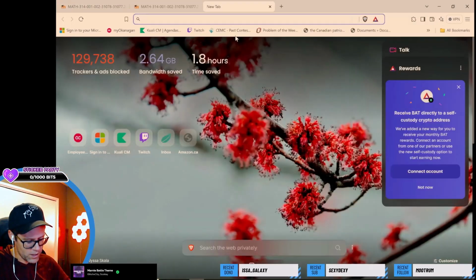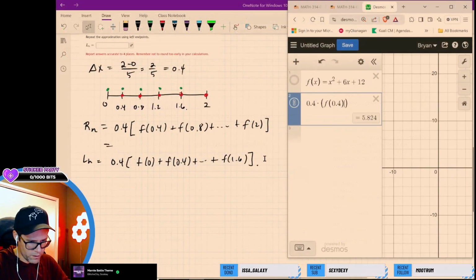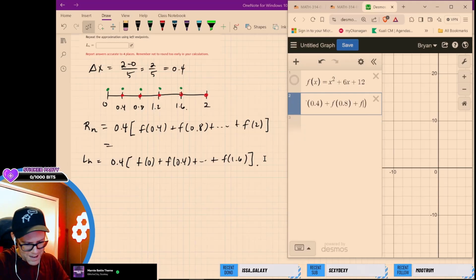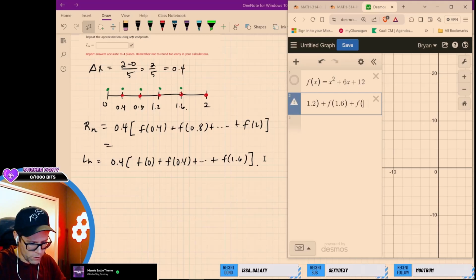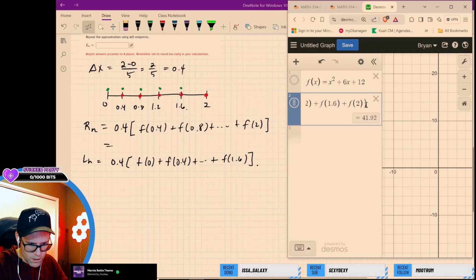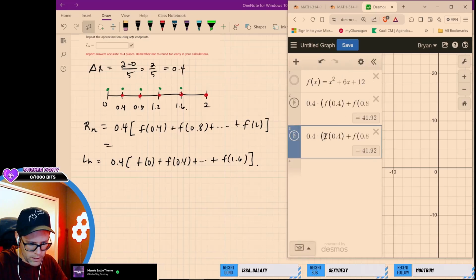This is going to be much easier, I think, in Desmos. F at 0.4 plus F at 0.8 plus F at 1.2 plus F at 1.6 plus F at 2. And can I duplicate this? Duplicate, perfect. And then what do I need here?